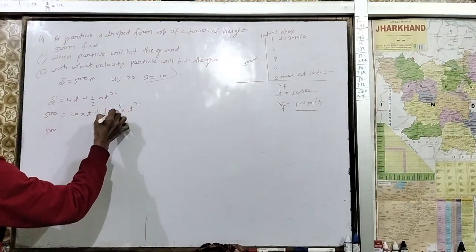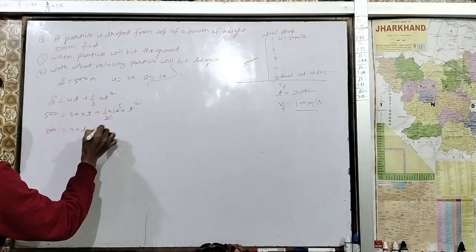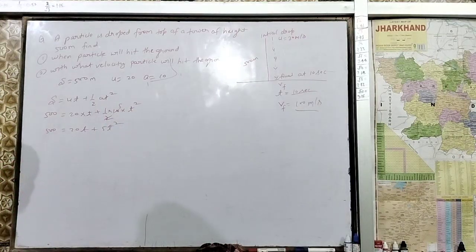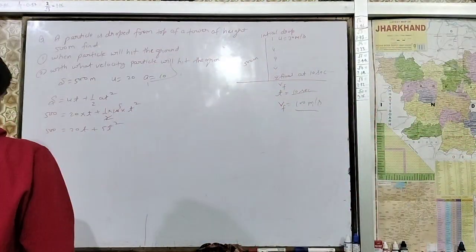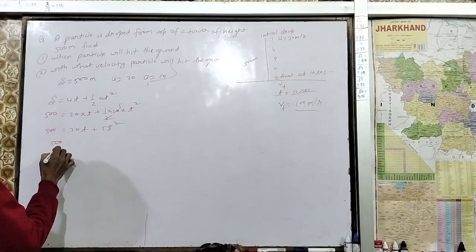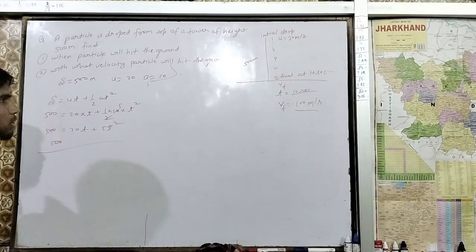So 20t plus 5t square. Now this will be your 500. From here, this is your homework.